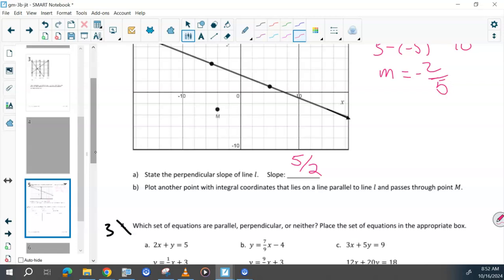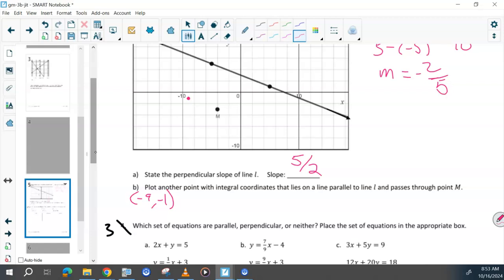You just need one of these, and I'm going to write which ones they are. But remember that if it's in the middle of anything, that's an odd number. If it's on a line, that's an even number. So if I was using this slope, I could go up 2 and to the left 5. So negative 9, negative 1 could be one of your points.